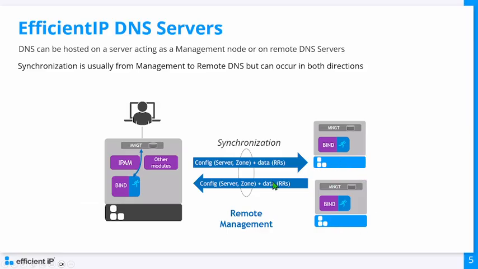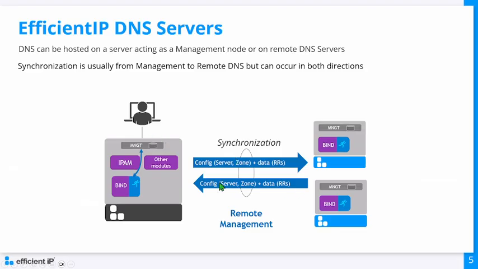Now also, you can see from here, if you go to the local bind engine of the remote server and modify the config file locally on the remote server, this information will also be synchronized back to the management database.